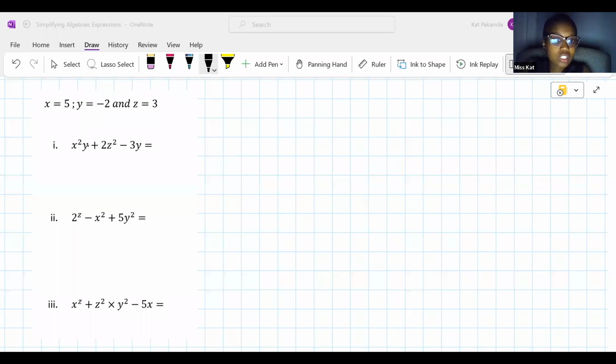So wherever you see exponents, as in here, do you see there's an x squared there? Yes, ma'am. And a z squared. So you must first square before you multiply. That's what we mean. Do you get it now? Yes, ma'am. Beautiful.